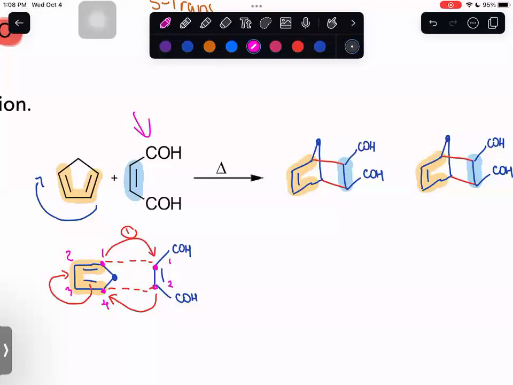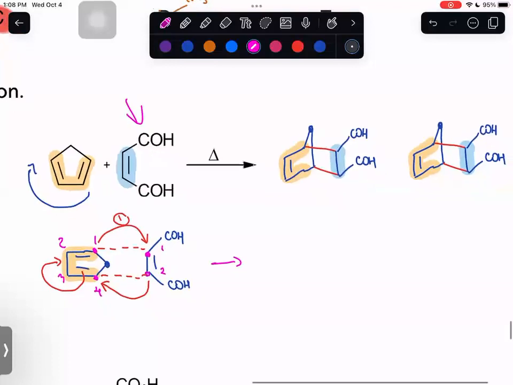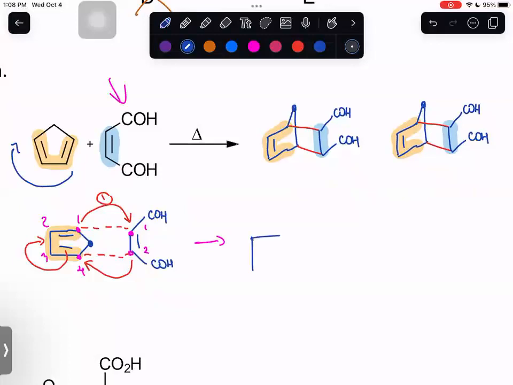So let's do this one here. And again, this is the diene portion.